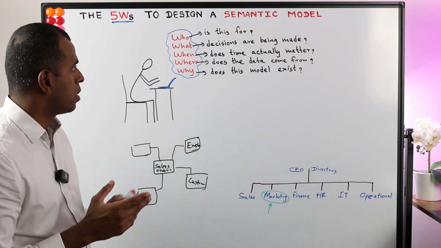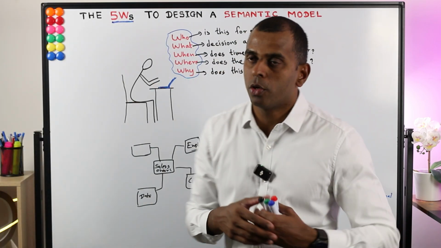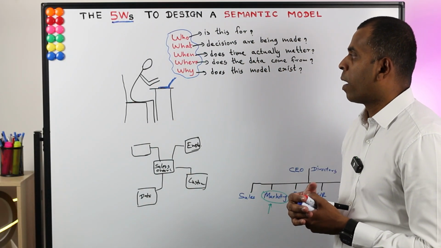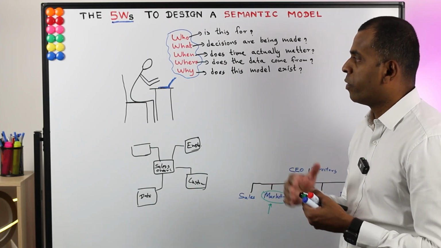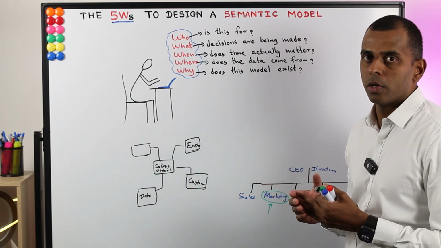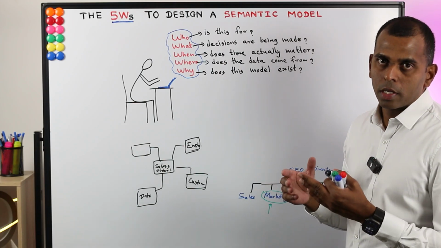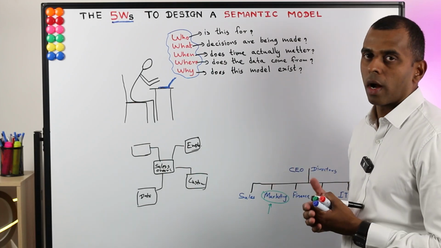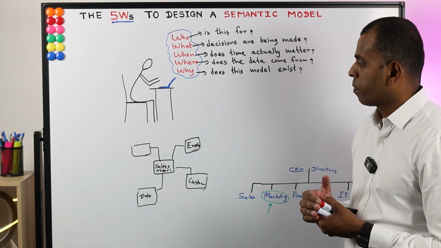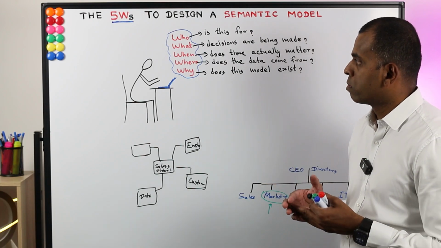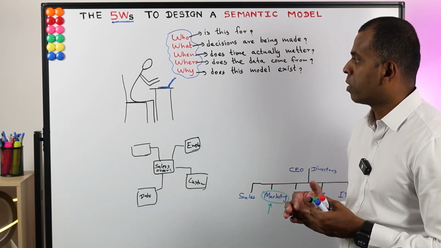So that is why I'm using the 5Ws, and I think this video will help you understand, or if you feel this is a good method, you can also try it. That's what I wanted to explain in this video.